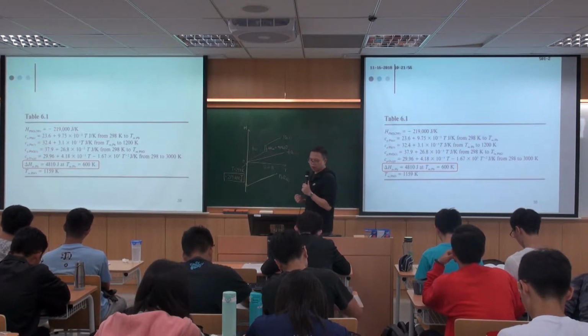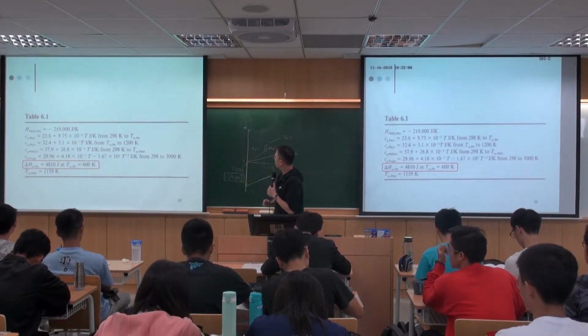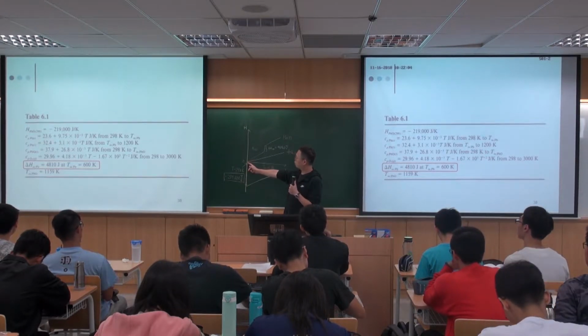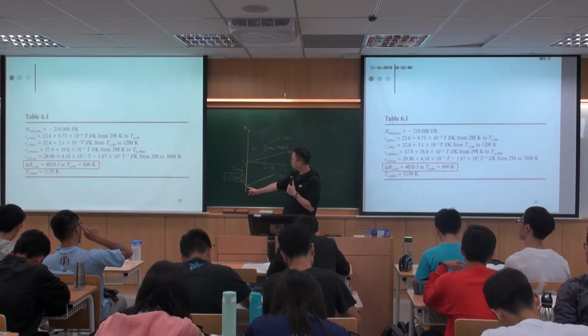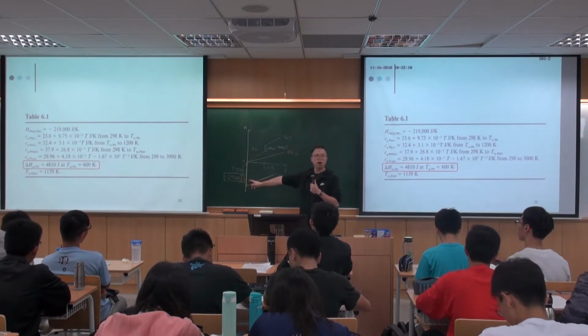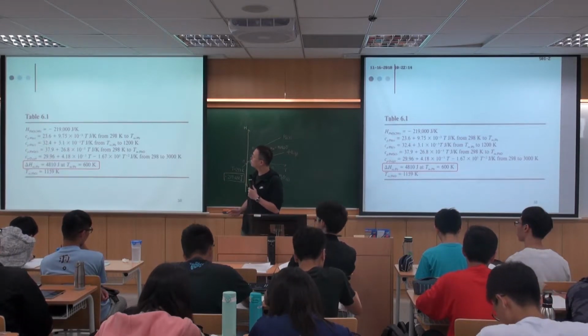Okay? So that should be joule, the first one. And if you look at this plot, it's from this point, 298 Kelvin, and it should go down to minus 219,000 joule over here. So that's for lead oxide.